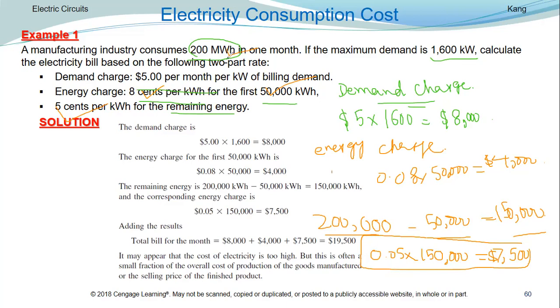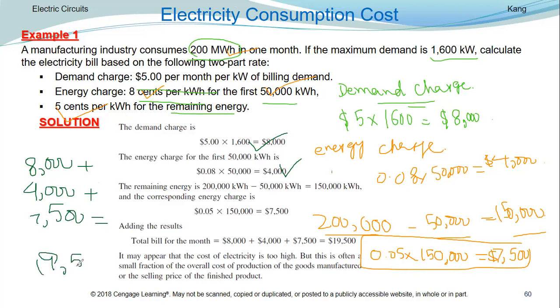So the total bill for the month is 8,000, the demand charge, plus 4,000 plus 7,500, which equals $19,500.